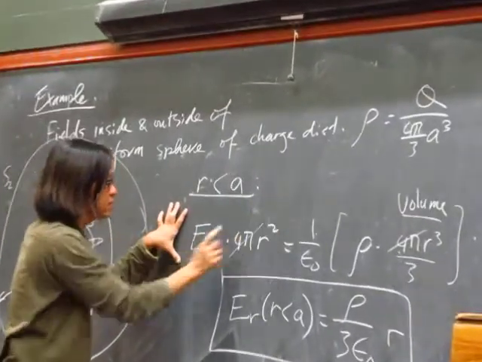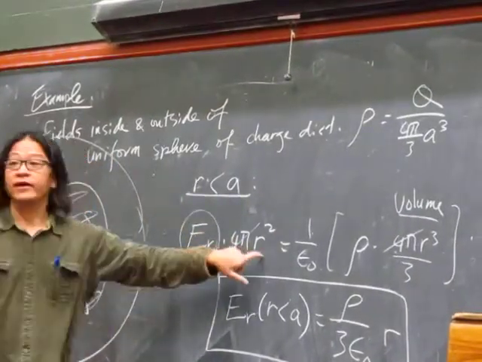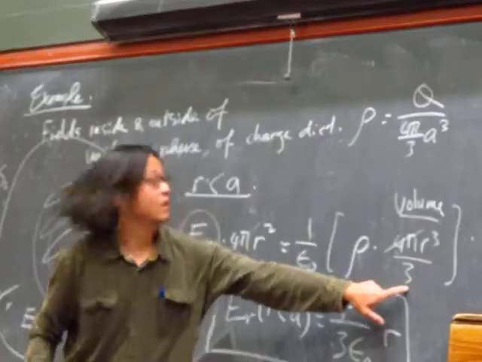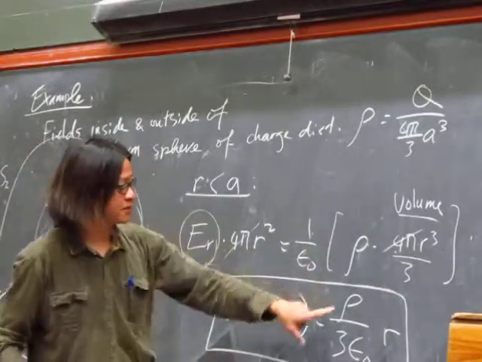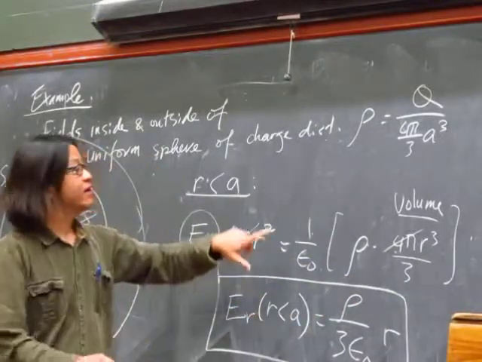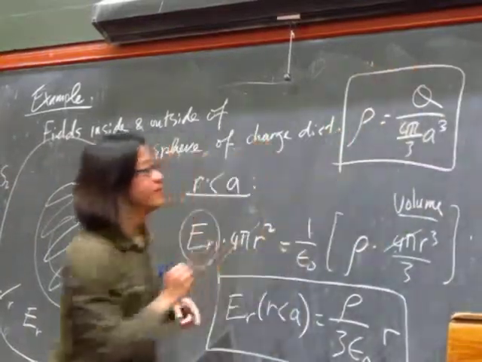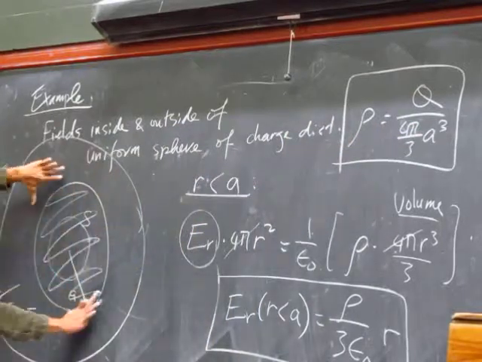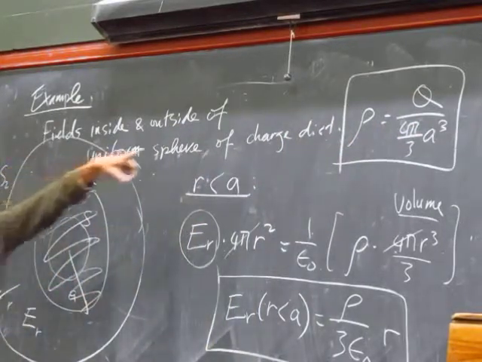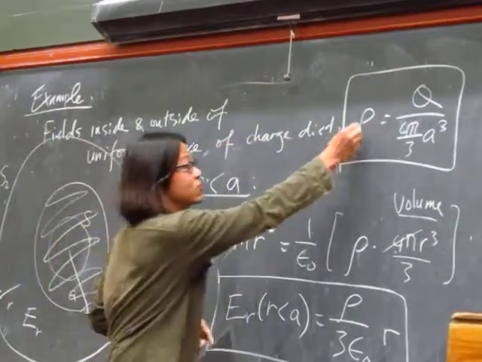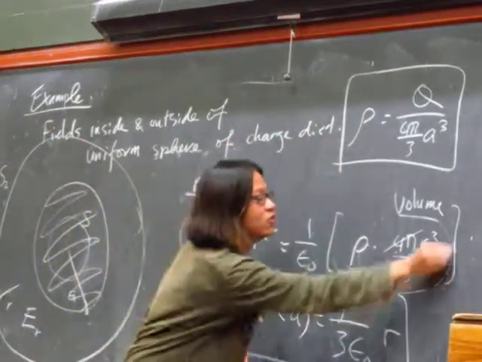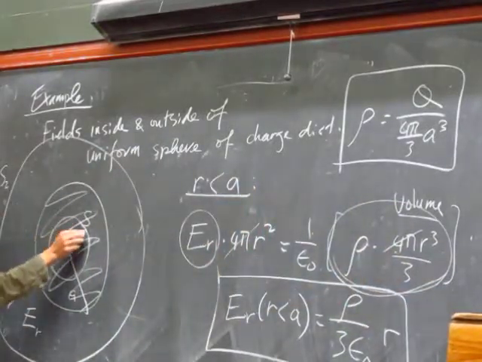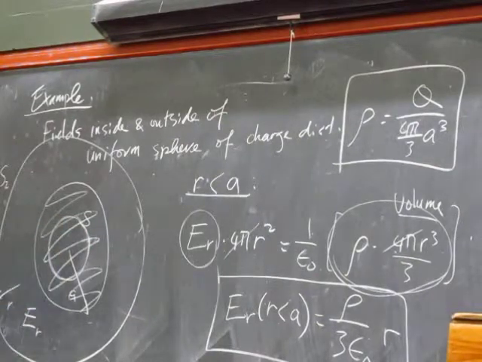The flux over the closed surface is the electric field times the area. There is a 3 here. No, I'm still expressing as rho. This is the density. The density is Q, the total charge that you spread uniformly across the sphere of radius A. And that's rho. And I'm trying to find the total charge that is inside the mathematical closed surface here, the Gaussian surface S.